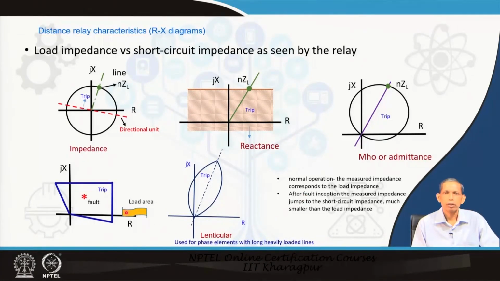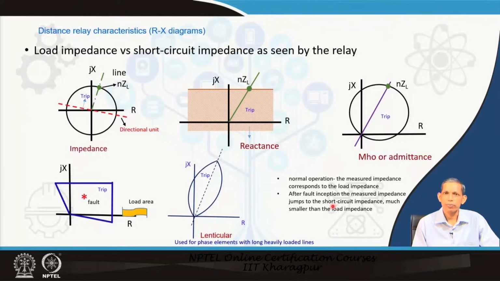Typically, it will be resistive if the load is close to unity power factor for a transmission line. So, it will fall in this area, the normal operating point, far away from the characteristics.